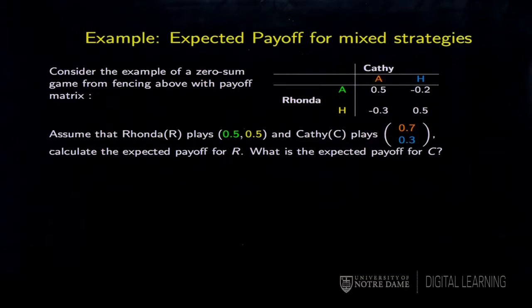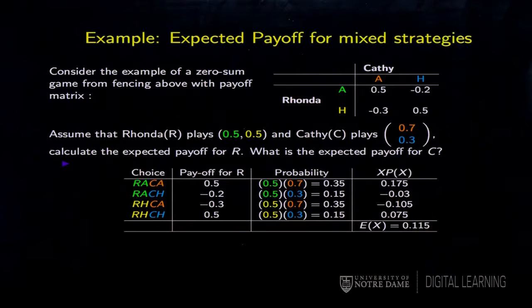And what's the long run expected payoff for Kathy given these two particular strategies? Well, let's go through our calculation with the numbers. We have four possible scenarios with four possible payoffs. Here A is 0.5, B is minus 0.2, C is minus 0.3, and D is 0.5.